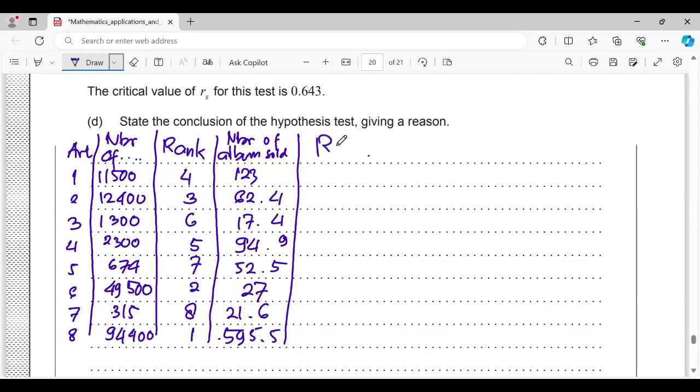And the rank of the number of albums sold is 1, 2, 3, 4, 5, 7, this is 6, and 8.